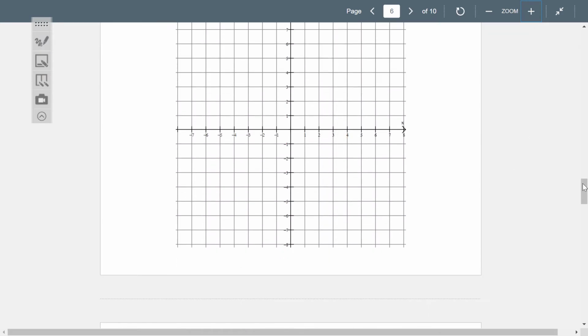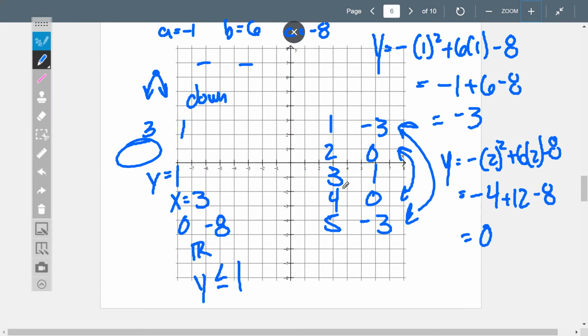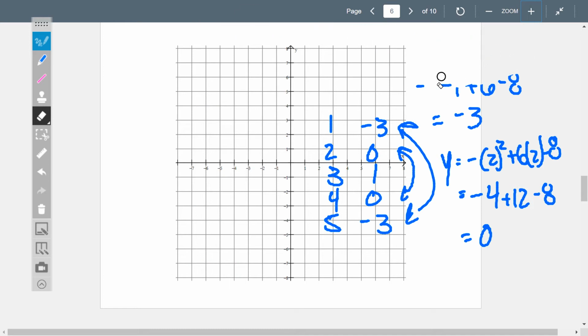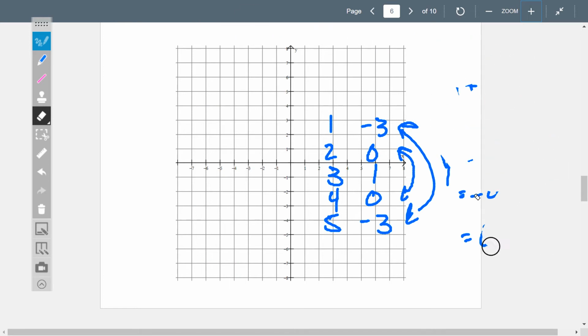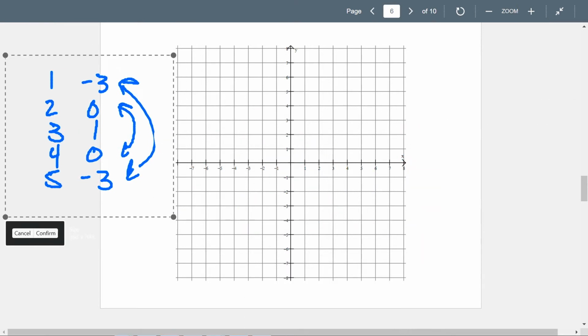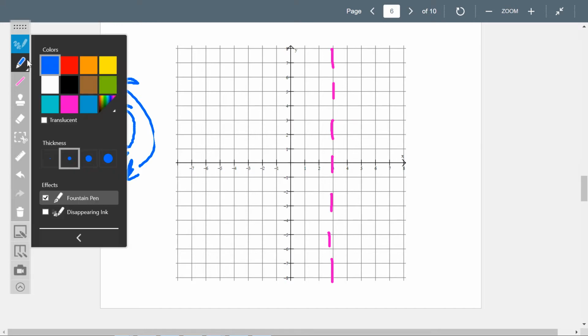So I'll graph my axis of symmetry, which is at 3. Okay, so my axis of symmetry is at 3. My vertex should be on the axis of symmetry.